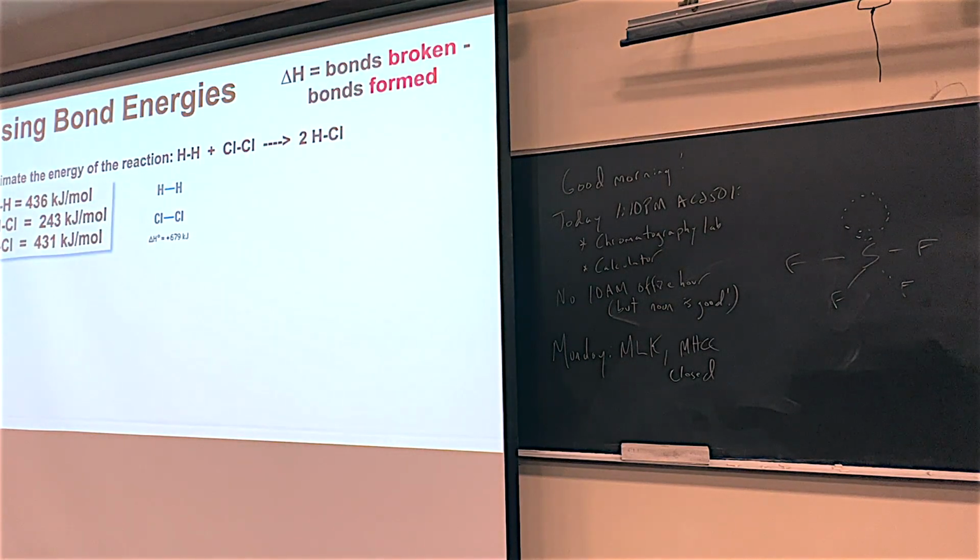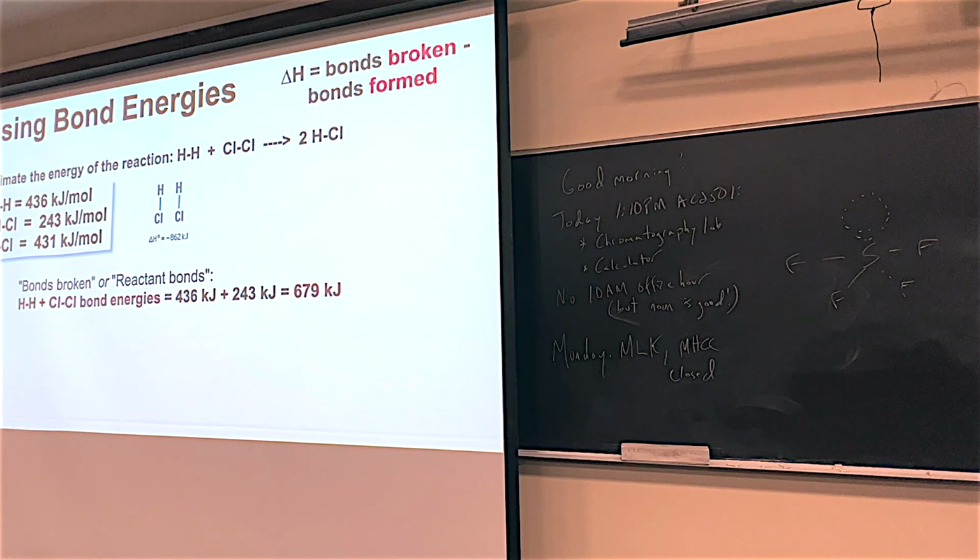Hydrogen and chlorine react to form hydrogen chloride. Because the total energy of the broken bonds is less than that of the bonds formed, the overall reaction is exothermic. So for this reaction, the reactants are the bonds broken, and if you add up the H-H and the Cl-Cl, you get this number. The bonds that you formed are the product bonds.